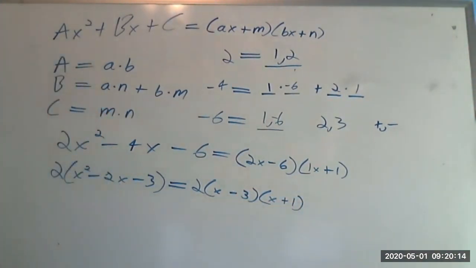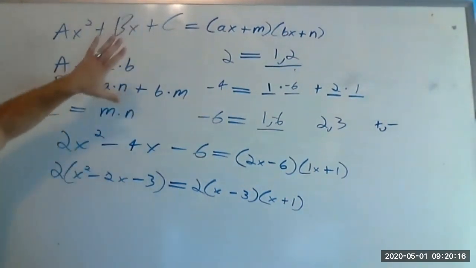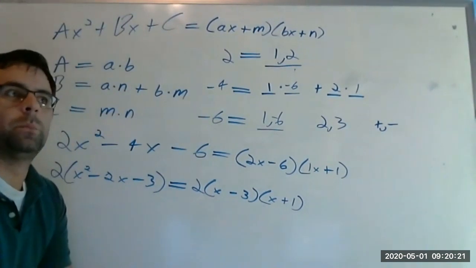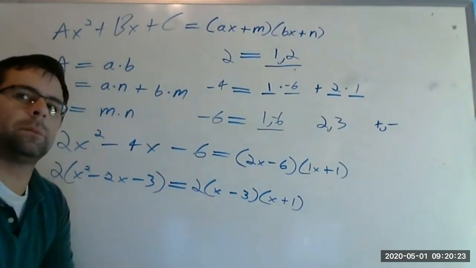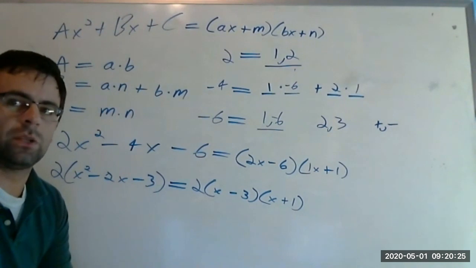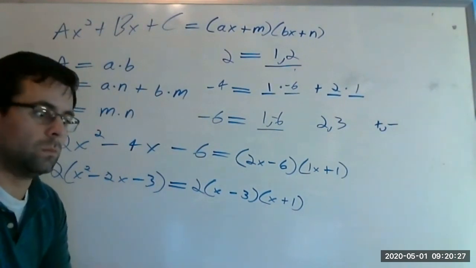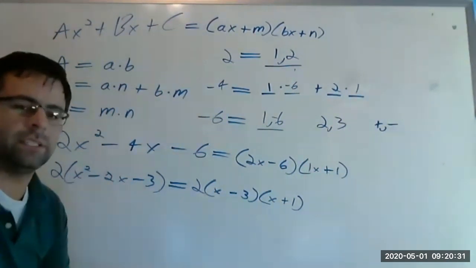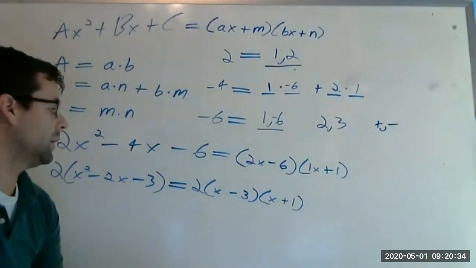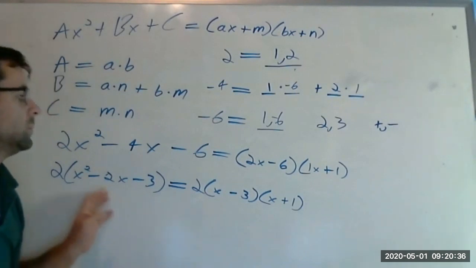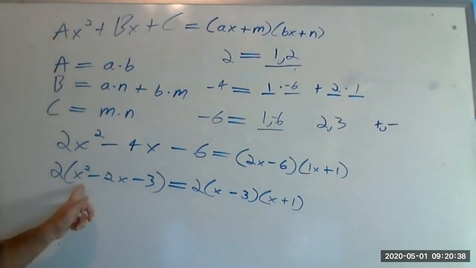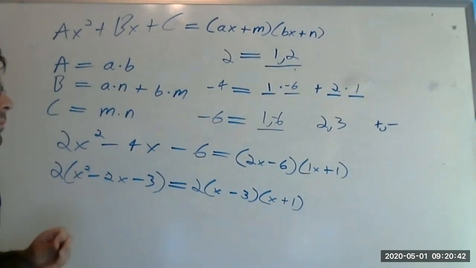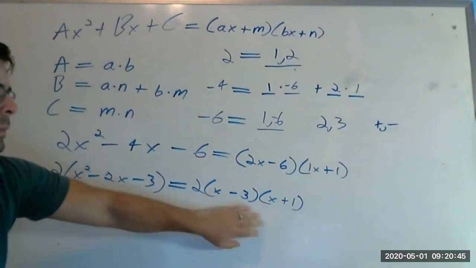So, like I said at the beginning, this process will work every time, but you can simplify things and make your job a little bit easier. And this is true across the board. If you simplify, often it makes things easier. So if we pull out that greatest common factor, it made the thing a little bit easier.